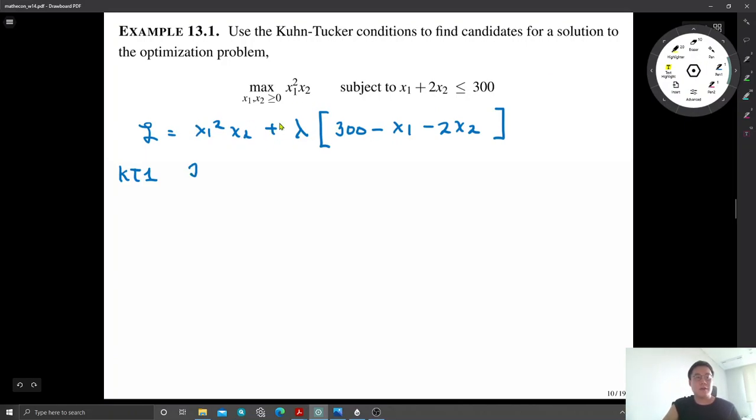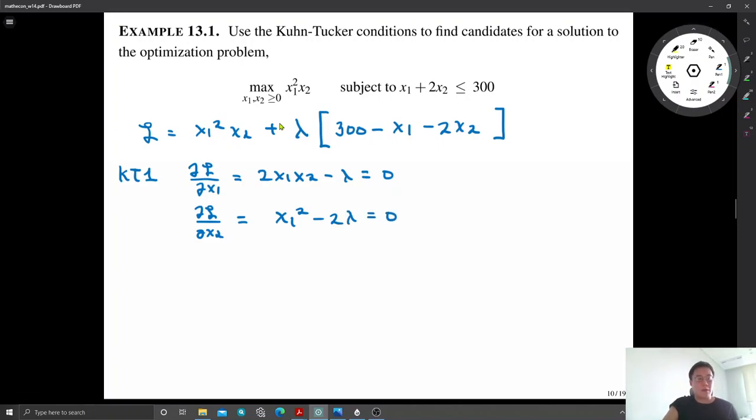So we take the derivative with respect to each choice variable and set it equal to 0. With respect to x1, we obtain 2x1 times x2 minus lambda, set equal to 0. And with respect to x2, we obtain x1 squared minus 2 lambda, set equal to 0.